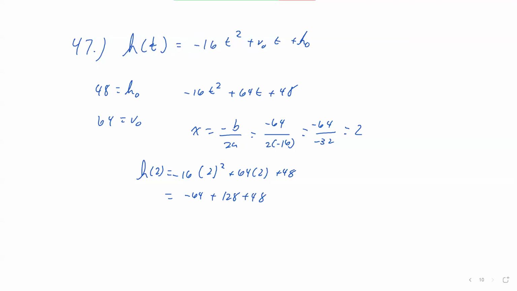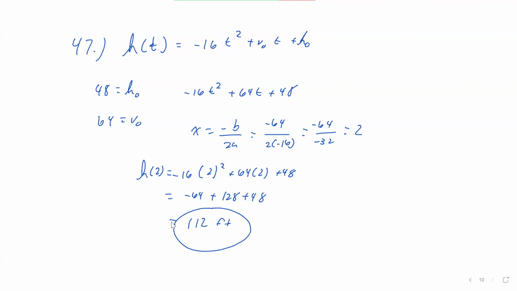I'm just going to pull up the handy dandy calculator here. So that's going to be 128 plus 48 minus 64, and it's 112 feet. So 112 feet would be my maximum height.